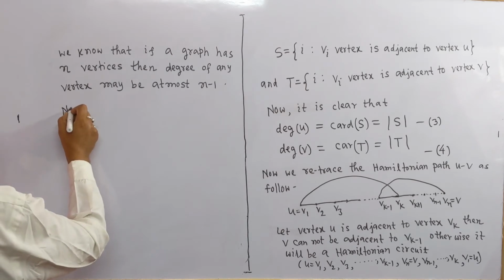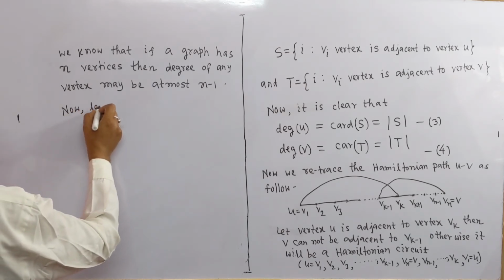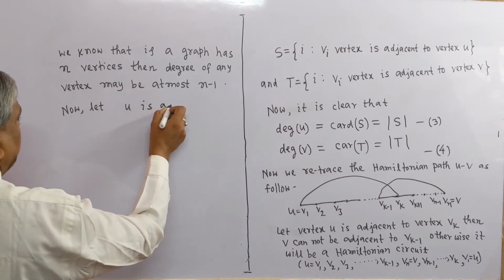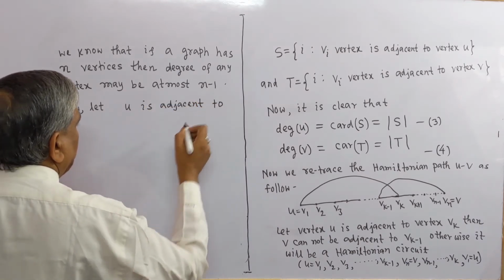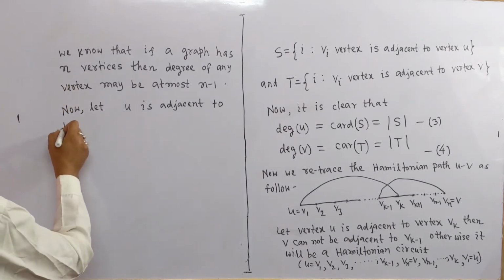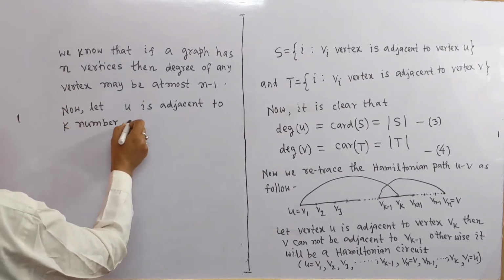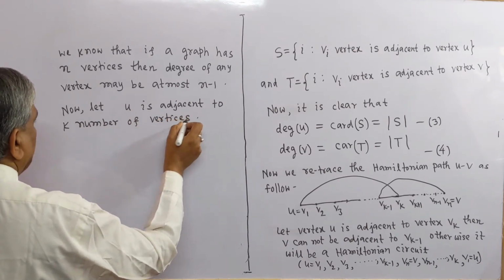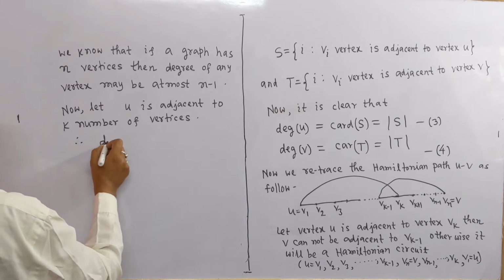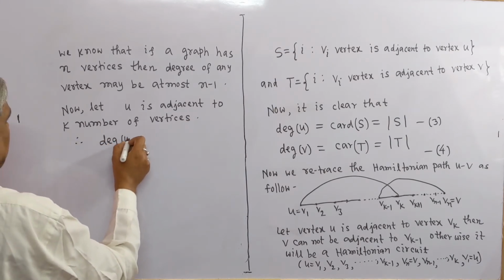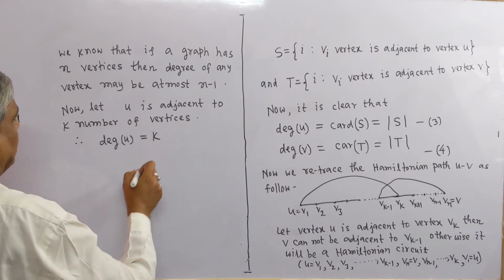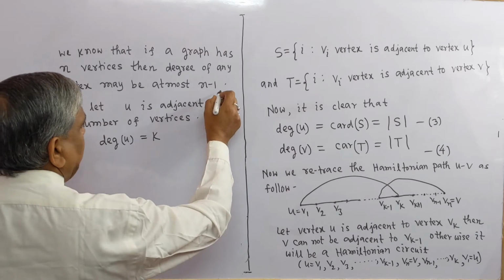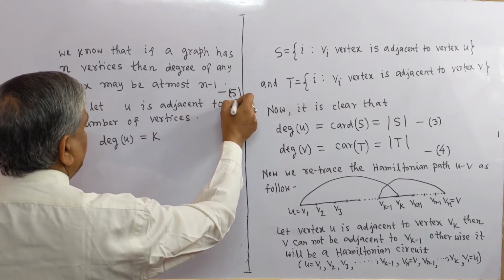Now let U be adjacent to k number of vertices. Therefore, degree of U equals k. Let this be number 5 and this be number 6.